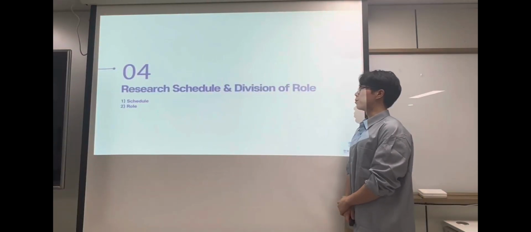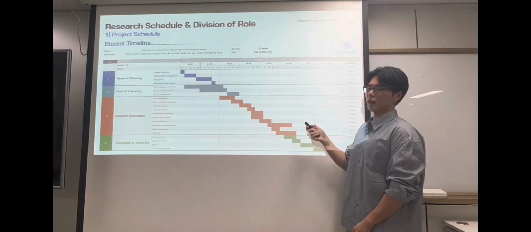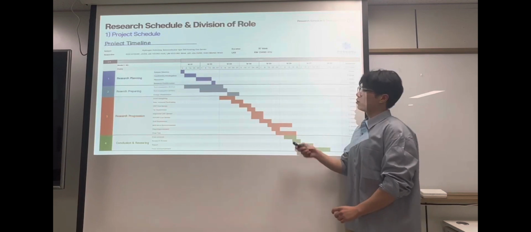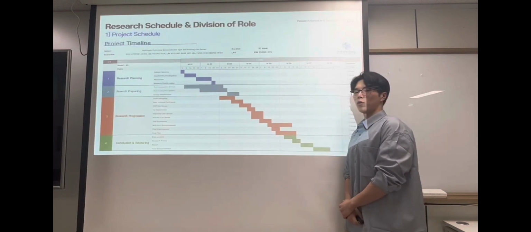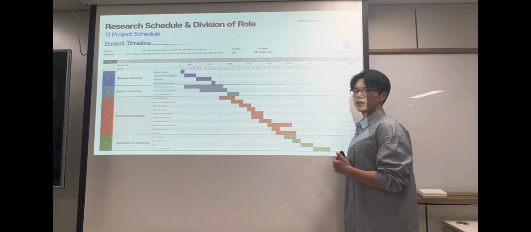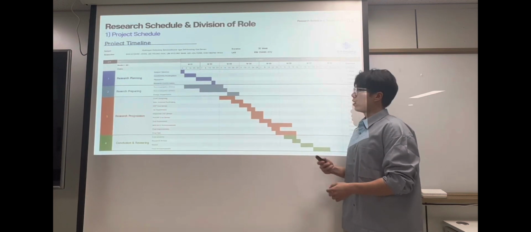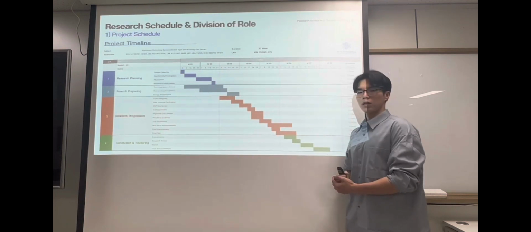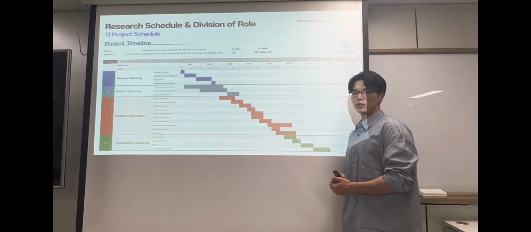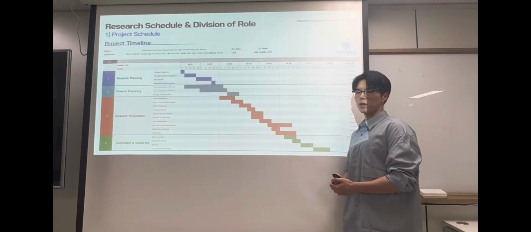Next, this graph is our research schedule. Last January, our members decided on this topic together and started to search for information on it. In March, while searching for information, they received materials to make the gas sensor and began to make PDMS.